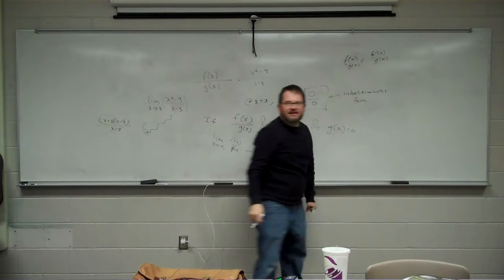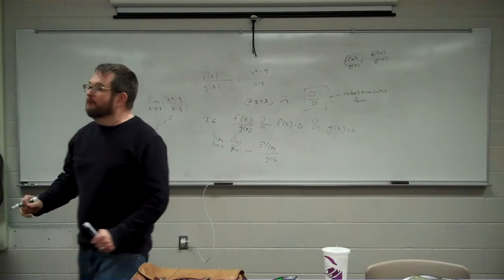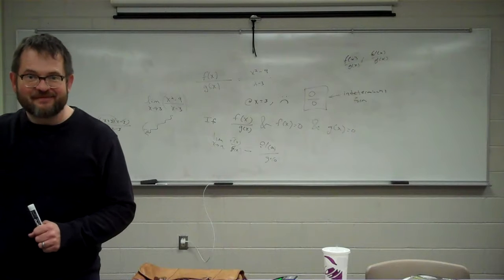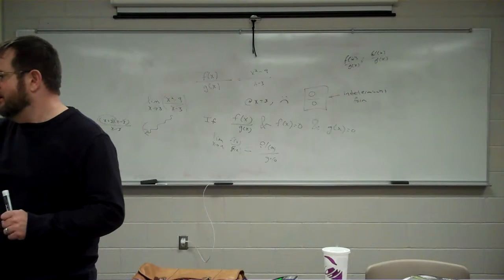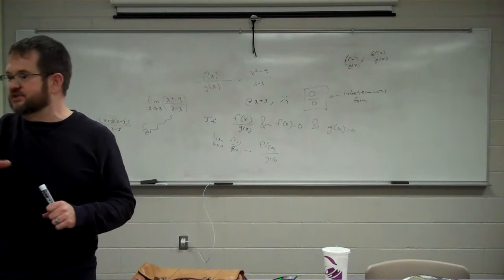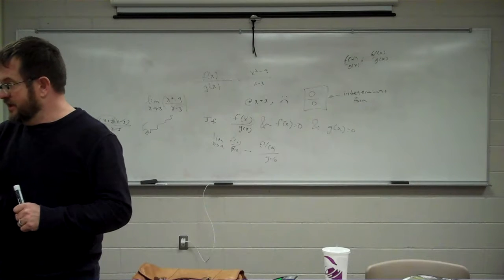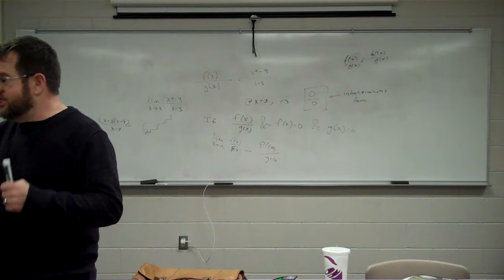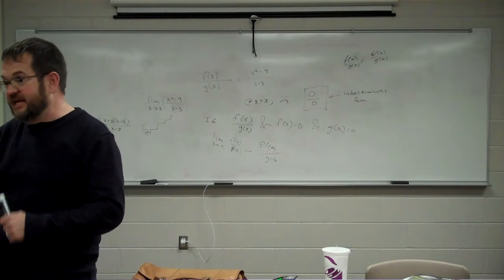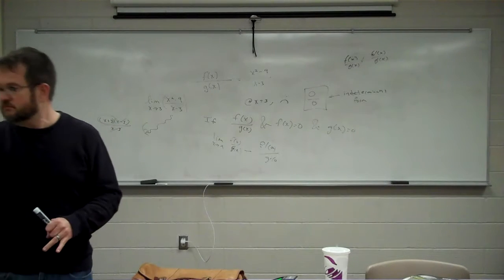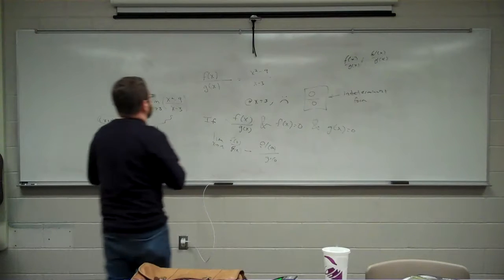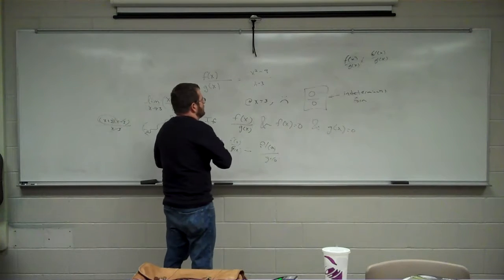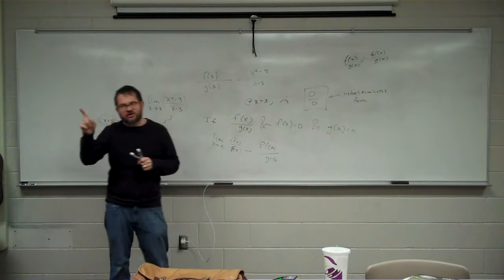No, no, 1,000 times no. But yes, if we're at one of those places where it's an indeterminate form of 0 over 0. L'Hopital's rule works, but only at those indeterminate places. Any place else, this isn't going to work. So even if it's 5 over 0? Yes. This is only working for certain kinds of problems.